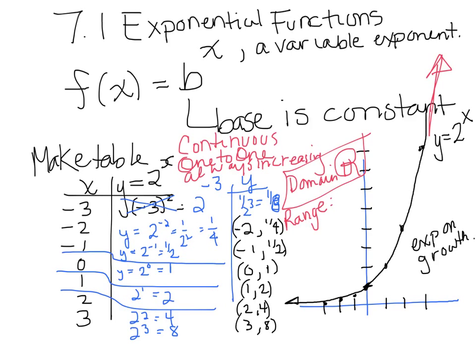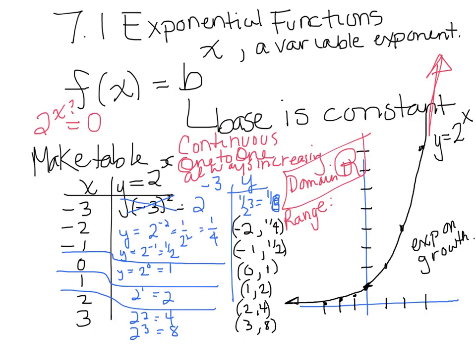So the question is, do they ever cross that x-axis? To cross the x-axis, that would mean you'd have to have y equal 0 at some time. So 2 raised to some exponent, will that ever equal 0? You can think about that for a while and convince yourself that no, that doesn't ever happen.